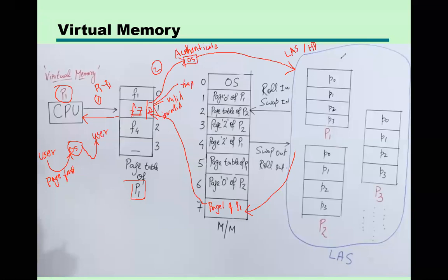It checks whether the required process is from the correct user or not. So authentication is done, and then the OS searches for the required page in the logical address space. Now what is step number 4? Okay, explain this.